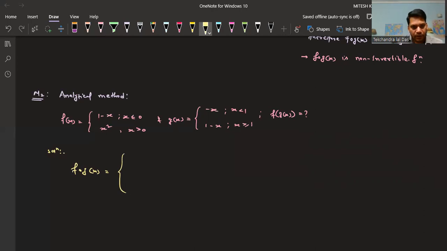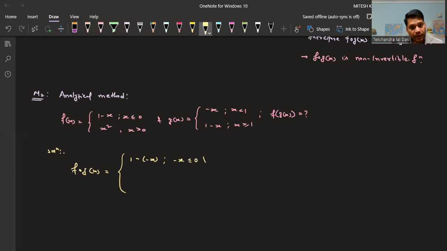While putting this minus x, we'll put minus x in the place of x everywhere. So 1 minus of minus x, and here also minus x less than or equal to 0.